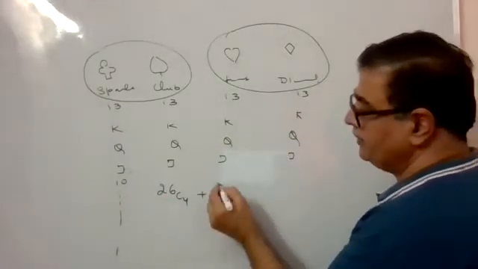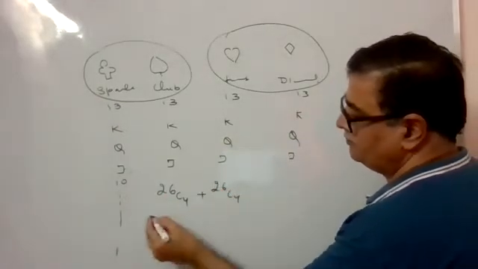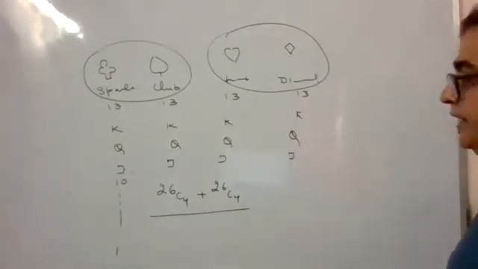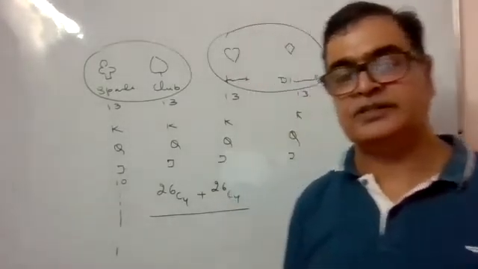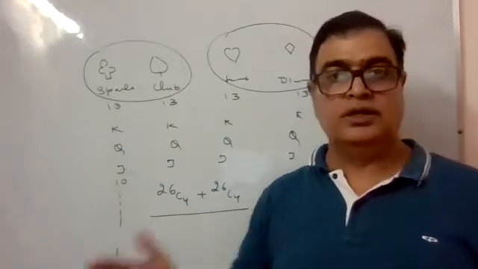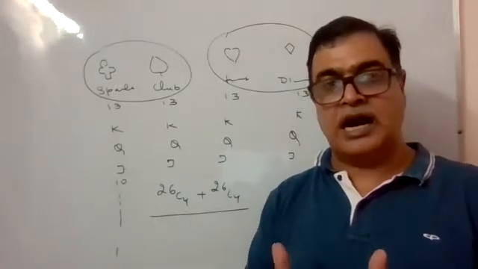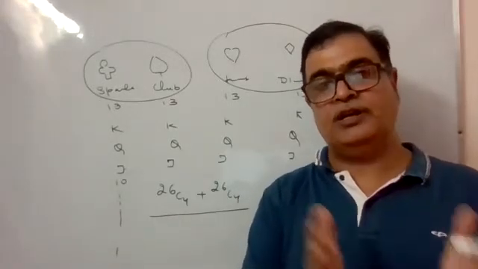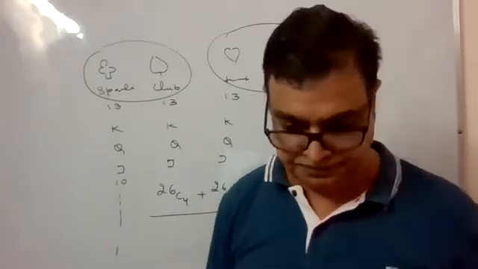Or out of these 26 we have 4. So 26C4 plus 26C4, that is the total cases we have in all, in which the 4 cards you are having will be of same color.